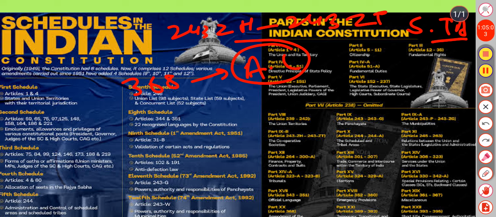Now part 21, articles 369 to 392, temporary, transitional and special provisions, especially the special status of states, we will see.